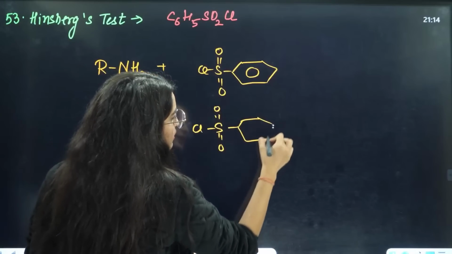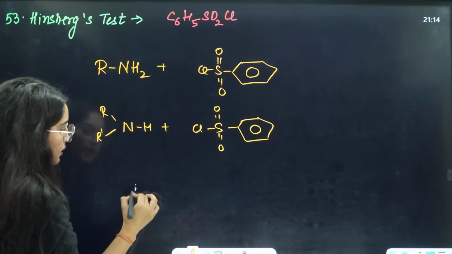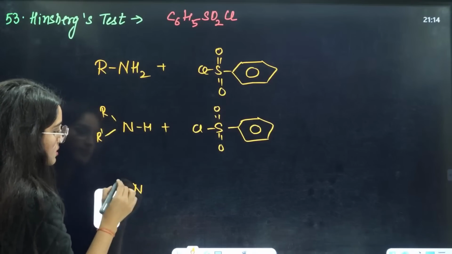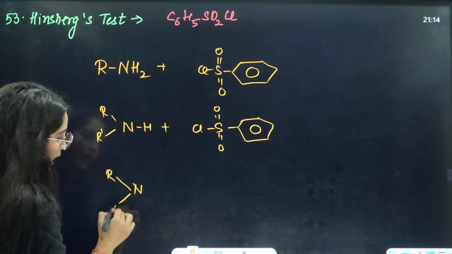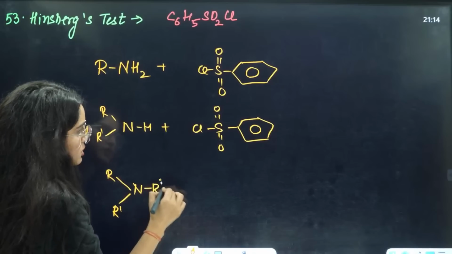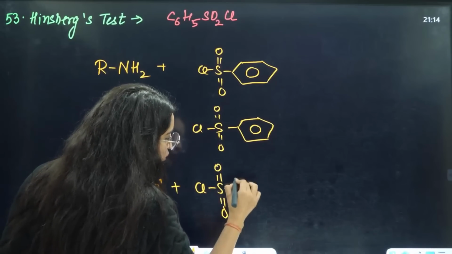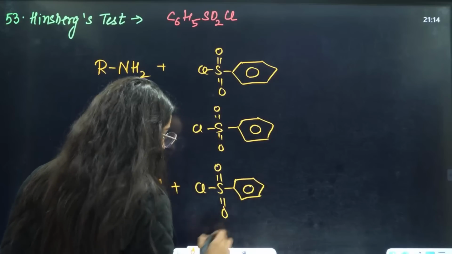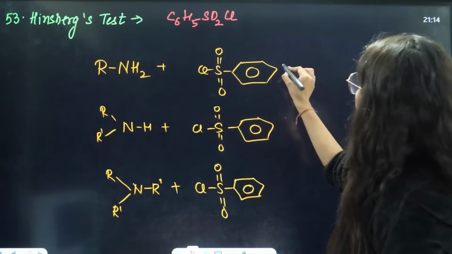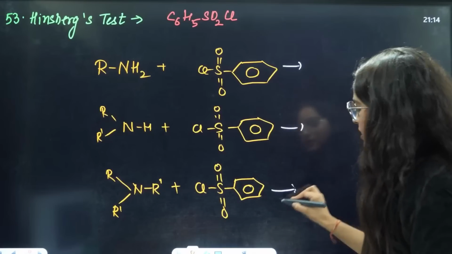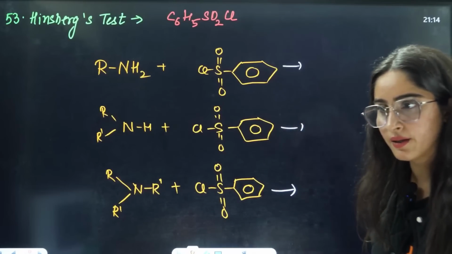Now with the primary amine, RNHR'. Then the secondary amine, NHRR', again the same thing. Then the tertiary amine, N with R, R', R'', again the same thing. Now you have to see what the answer will be here.